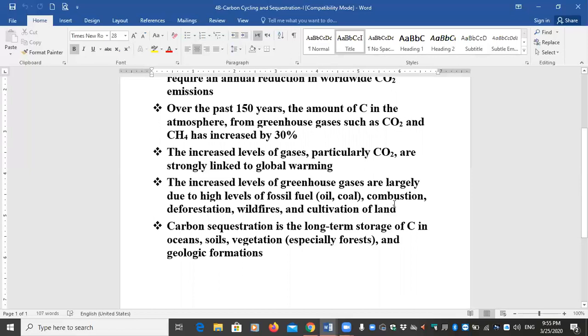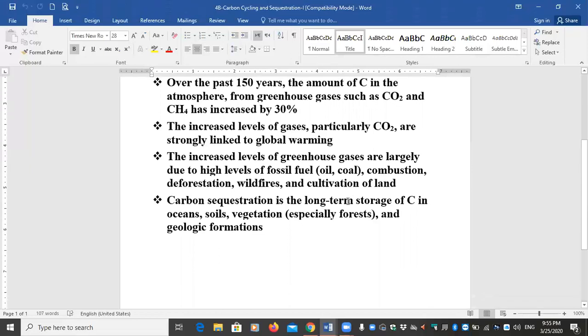And cultivation of land. Cultivation means the use for agricultural purposes. If you have land that's not used by man, we say that's virgin land, it's left land. When you start cultivating it, that means you produce crops from it. That's cultivation of land.